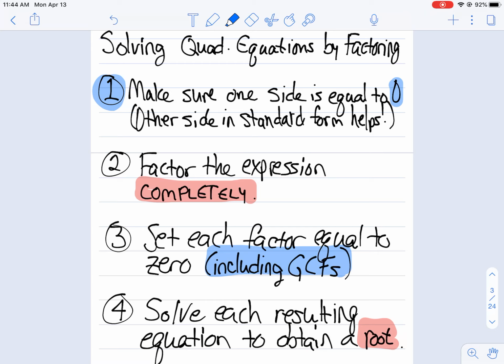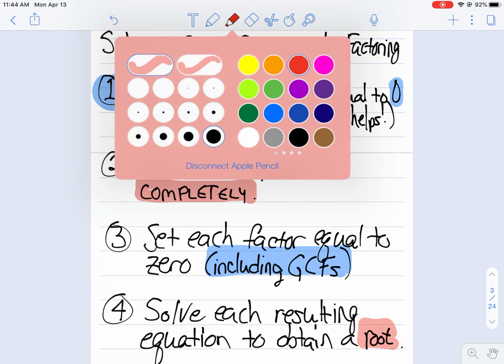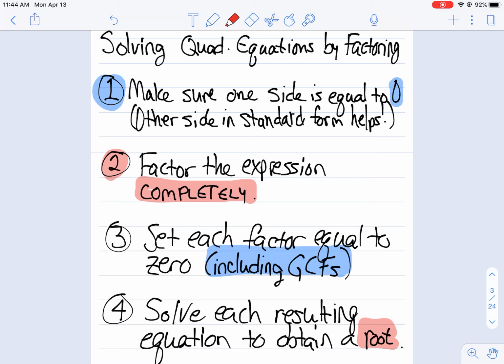Otherwise, that messes up the factoring process, so we want to make sure that we have the correct numbers when we're trying to factor the expression. So make sure that you have one side equal to 0. And if you notice in parentheses here, I said other side in standard form helps. It really does. If you have the other side written in standard form, it's a big advantage when you try to factor, which is step number 2, to factor the expression that you have completely. So the expression that's on the opposite side of 0, factor it as far as you can.